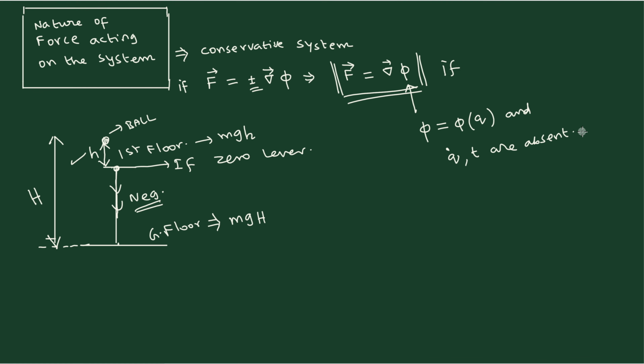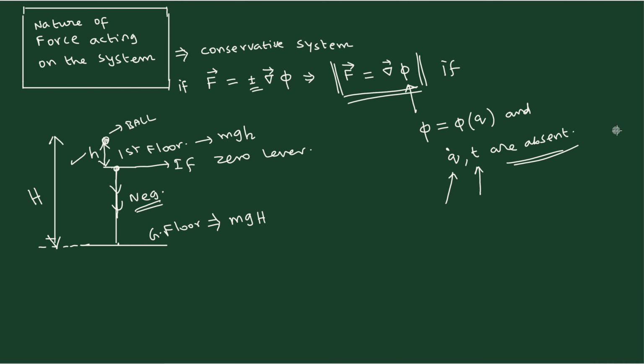Usually, conservative, you know already, the definition is also the same. But what you are learning extra now is that the scalar function should be a function of generalized coordinates only. That only is important. If it is depending only on the generalized coordinates, then the generalized velocity and the time will be explicitly absent.